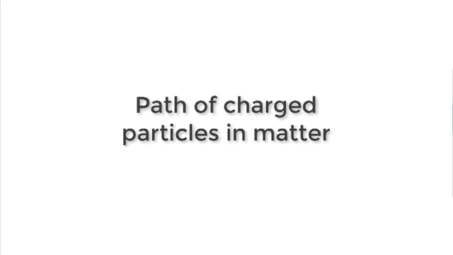Basically, I think here the important thing is just to have a qualitative understanding of how the different particles travel in matter. If you look at the case of an electron, it's a light particle and it doesn't really travel in straight lines as it goes through matter. It can actually take a tortuous path because it's small and it can be accelerated a lot by the nucleus and so on.